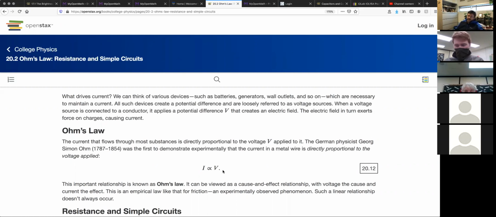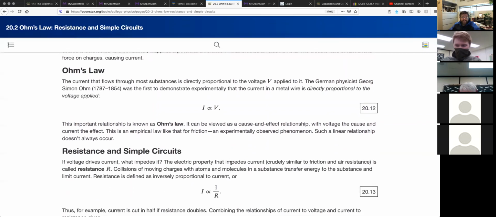If we increase the voltage going through the light bulb, we will increase the current going through the light bulb, or vice versa. If we increase the current going through the light bulb, that increases the voltage across the light bulb. So these things are directly related to each other in any particular circuit or situation.